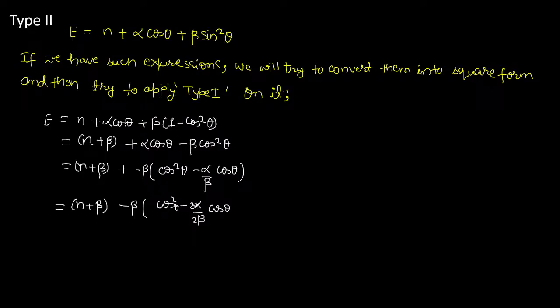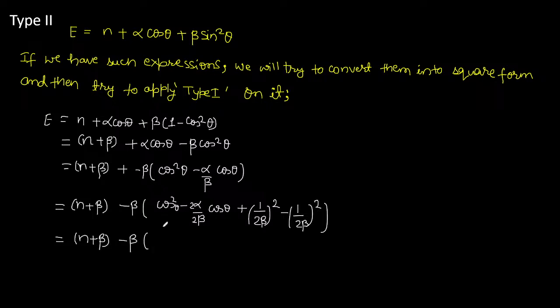So can we say it is 2 alpha into 1 by 2 beta? So if we add 1 by 2 beta whole square, we will subtract 1 by 2 beta whole square. This is n plus beta, minus beta.